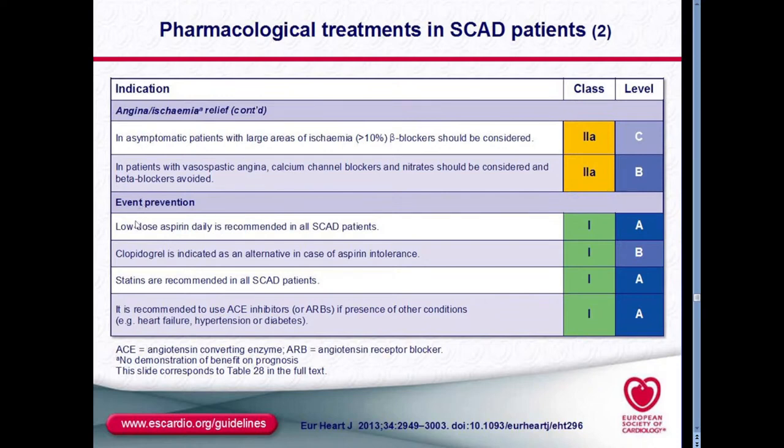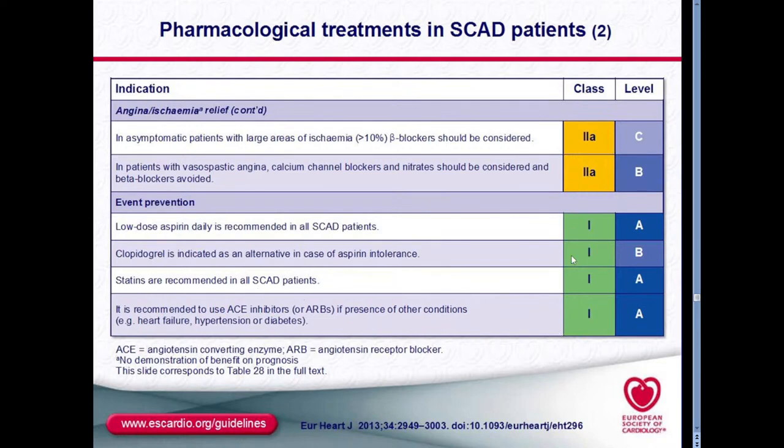Event prevention. Low-dose aspirin daily is recommended in all stable coronary artery disease patients. You see here the class of recommendations and level of evidence. Clopidogrel is indicated as an alternative in case of aspirin intolerance. The next, statins are recommended in all coronary artery disease patients.